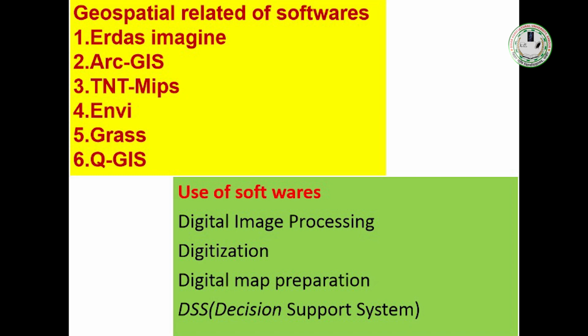These are commercial software like ERDAS Imagine, ArcGIS. Even TNTmips, ENVI, but GRASS and QGIS are both open source software, free we can say. In the same manner, what are the uses and applications of software? First one, we need it for digital image processing.